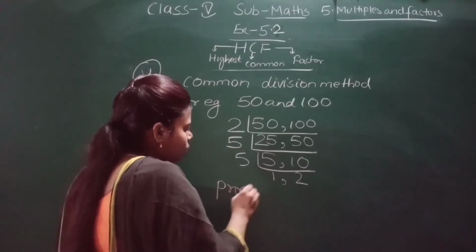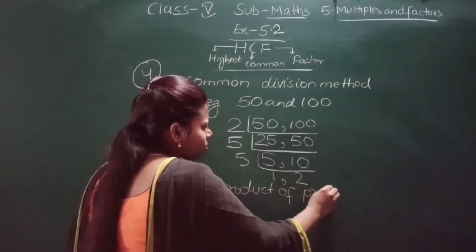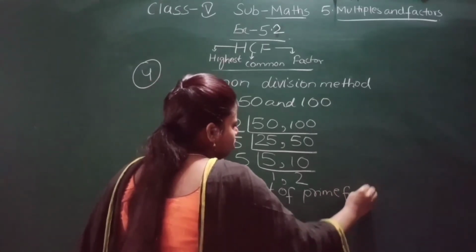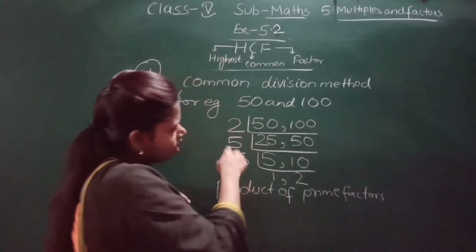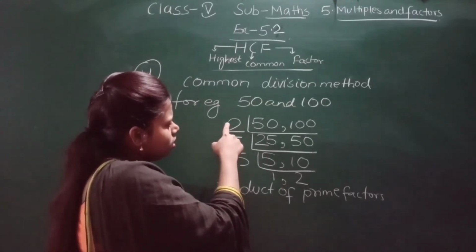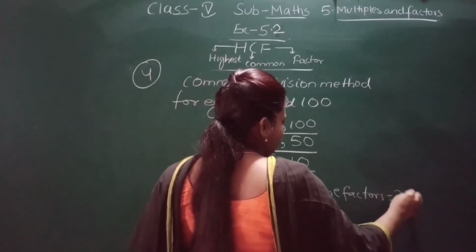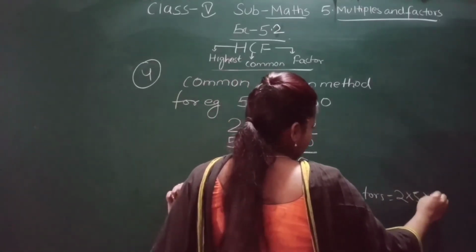We have to find the product of prime factors. So what numbers have we got? These are the prime factors. We have got 2, 5, 5 at last. That means we will multiply here: 2 into 5 into 5.